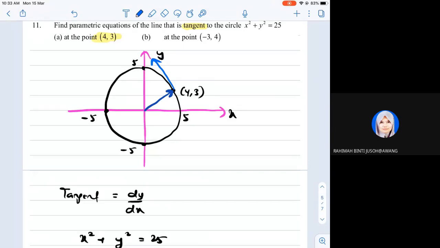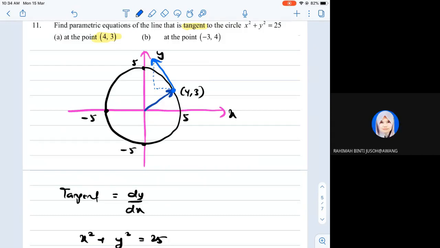So let's say I consider positive side ke atas macam ni. So in order to form this vector, kita kena bergerak ke mana dulu daripada titik ni? We need to move to the left, isn't it? Ke kiri kan? Lepas tu naik ke atas, isn't it? So bila kita ke kiri, guys, what happened to the sign of x? Bila kita ke kiri, we should have negative x, isn't it?